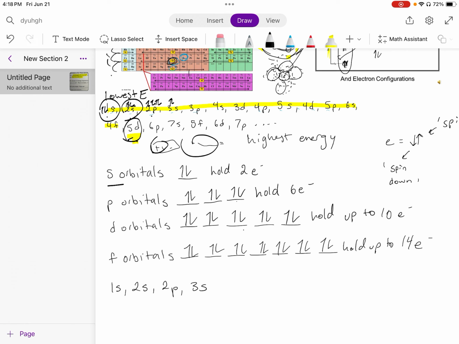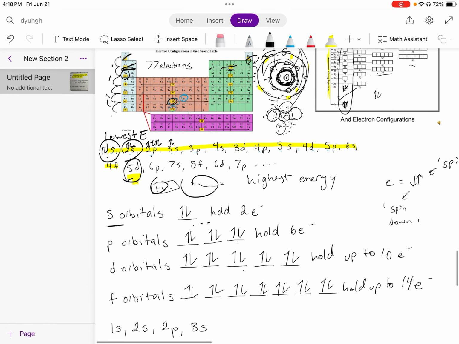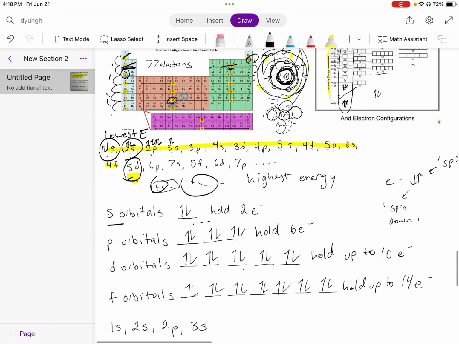So s orbitals, no matter if it's a 1s or a 6s, they only hold 2 electrons each. So let's take an example. Let's use sodium, which has 11 electrons.